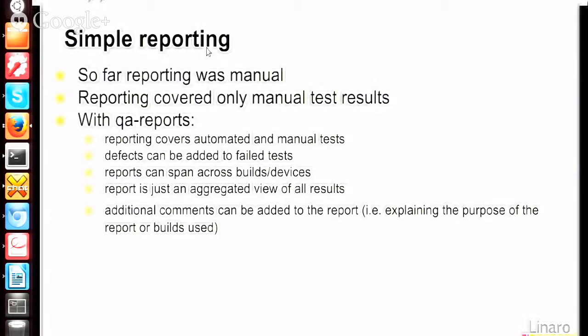As I said, reports can be aggregated for more than one build. We can report just one build, or more than one build, for one board or for more than one board. That's pretty flexible. And some additional comments or formatted free text can be added on top of the report.